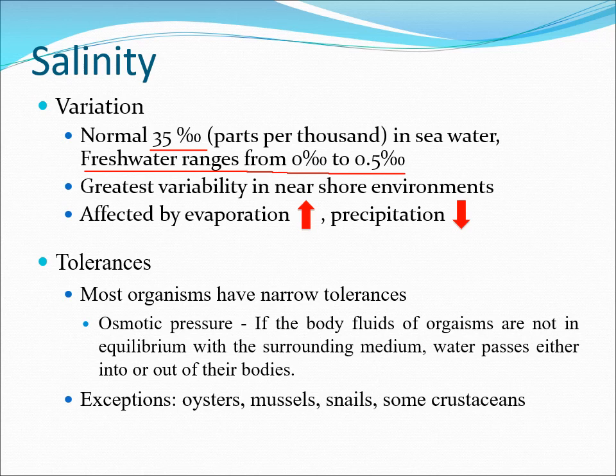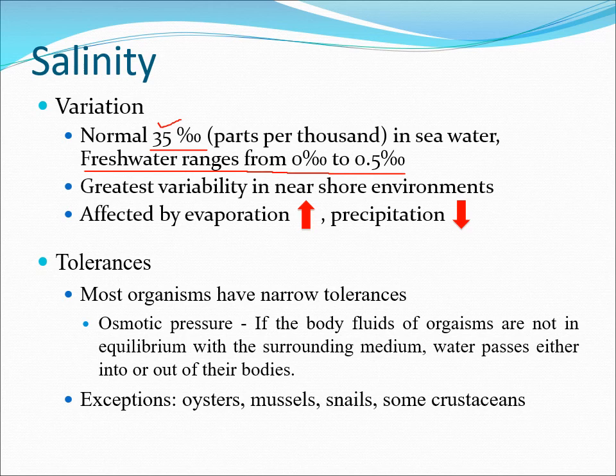So you can see the salinity difference between the freshwater we drink or use in our daily life and normal marine saline water. There is a huge difference in dissolved salt content. The greatest variability of salinity is found in the coastal areas, where regular tides and waves come, and rivers meet with the ocean bodies.